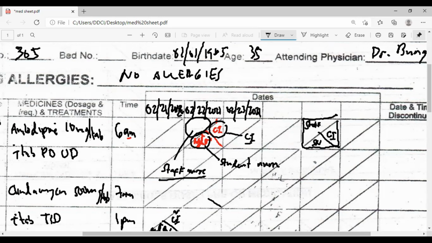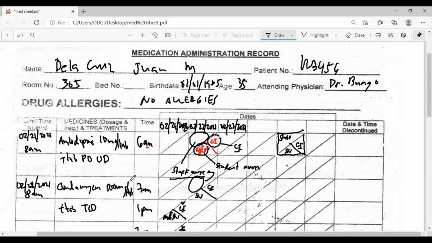So put a division here. So let's say the medication was given around the morning shift. So you affix your signature here. So let's say your signature is student nurse, then affix the signature of the clinical instructor. Okay. Then allow the staff to sign this area here. Okay. So that is how you sign your administration record.